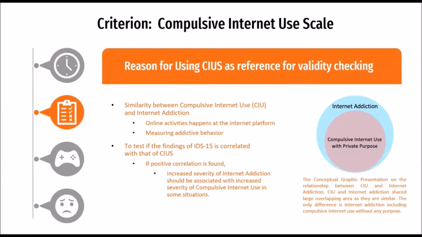Both of them measure addictive behavior. CIU is a kind of compulsive behavior on using internet with purpose. The only difference is that internet addiction also includes compulsive internet use without purpose. Such a similarity can help us to evaluate whether IDS-15 is a valid scale on internet addiction.